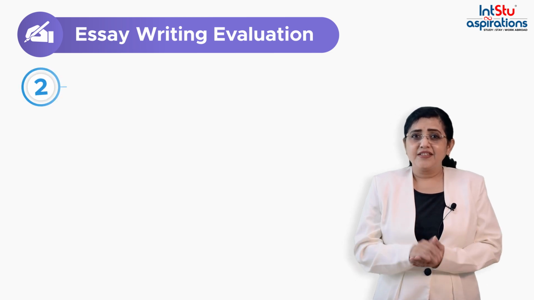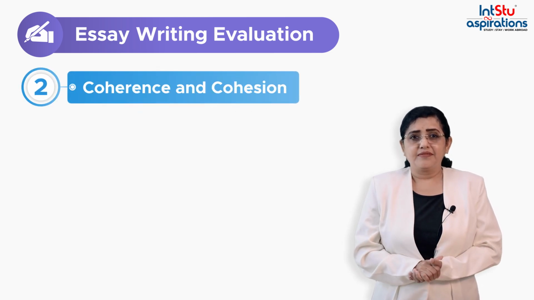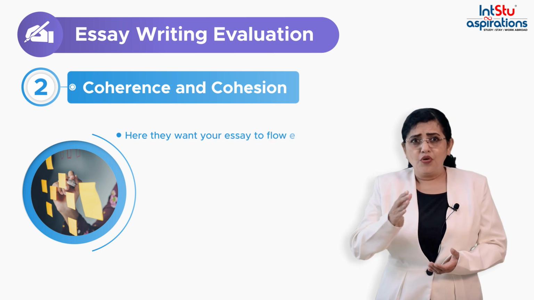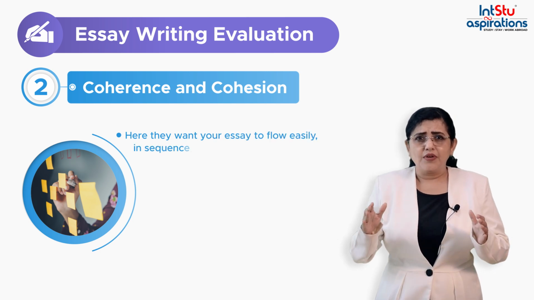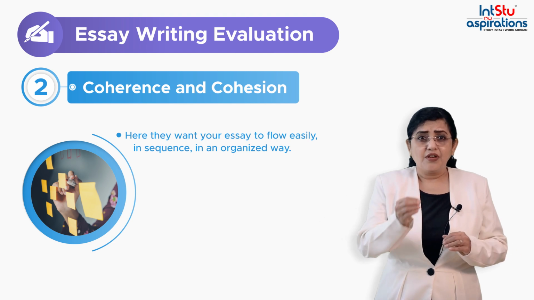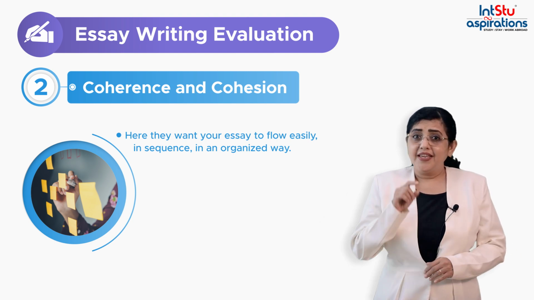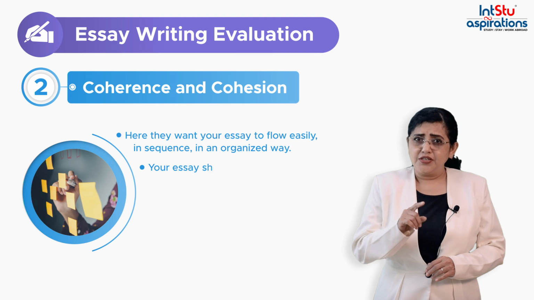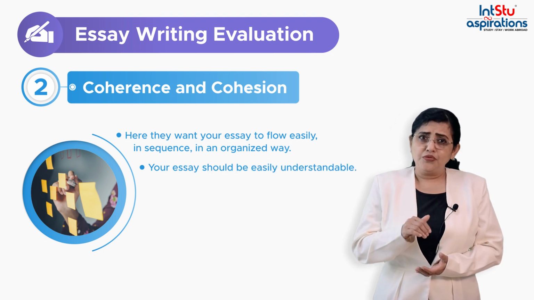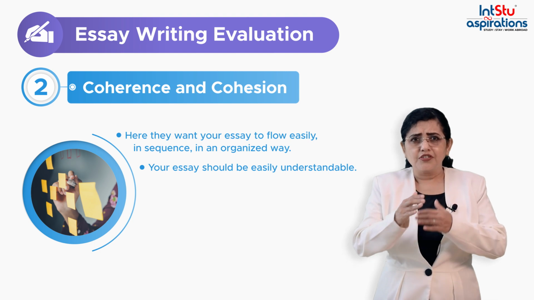The next is coherence and cohesion. Here, they want your essay to flow easily, in sequence, in an organized way, using transition words wherever required. They expect that your essay should be easily understandable. So, your thoughts should be in line with each other.